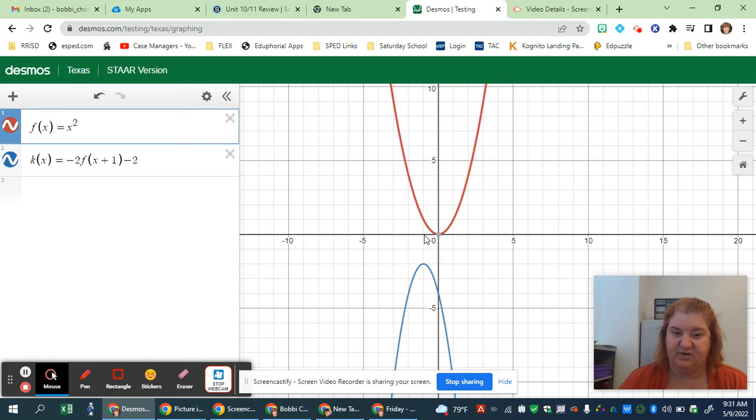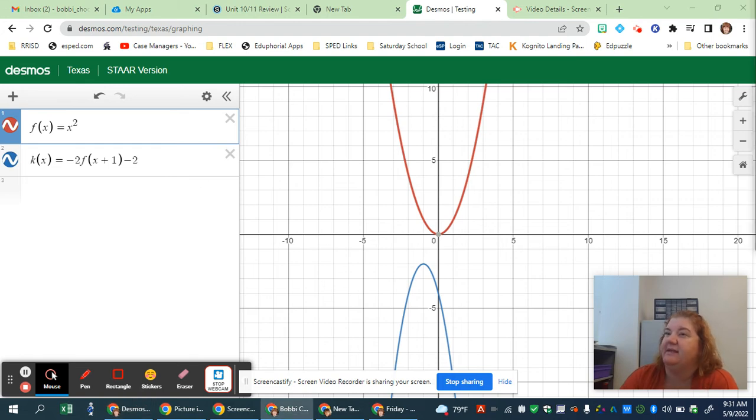So the vertex went over 1 and down 2. So it went left 1, down 2, and we reflected. And look, it's skinnier. Do you see how it's skinnier? So that's a vertical stretch of 2. That's where it came from.